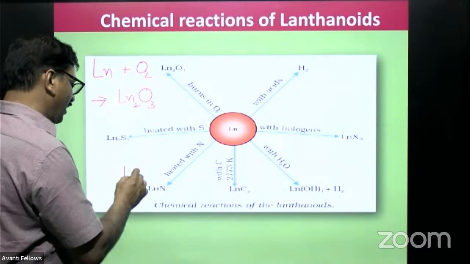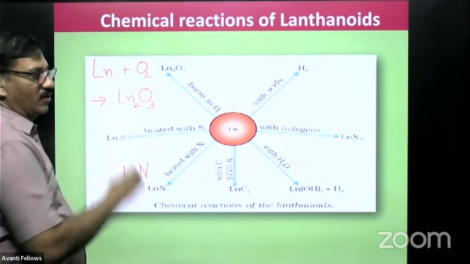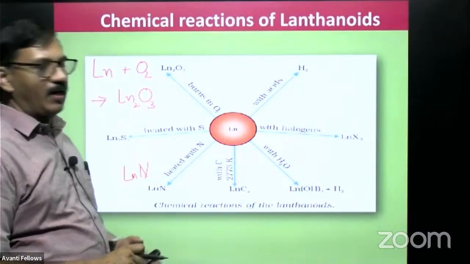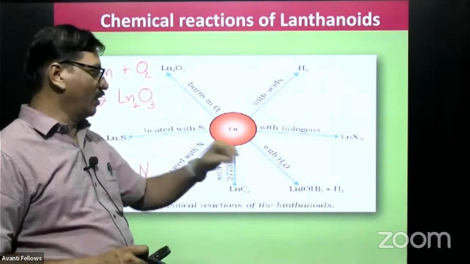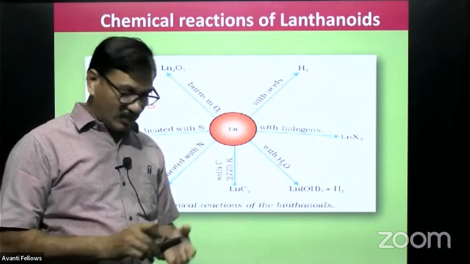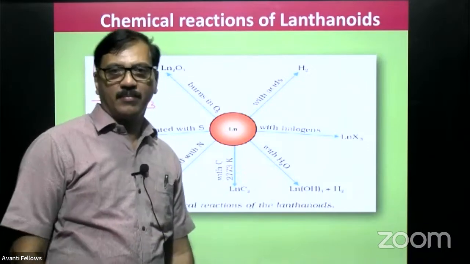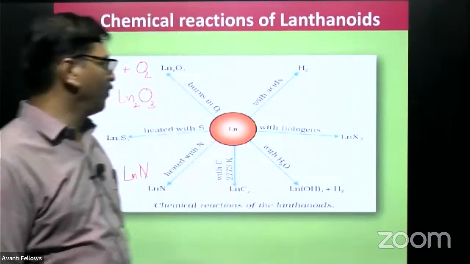The nitride is LnN. The sulfide is Ln2S3, just like this. With acids they give hydrogen, and with halogens it is LnX3. So this is the way they show chemical behavior.